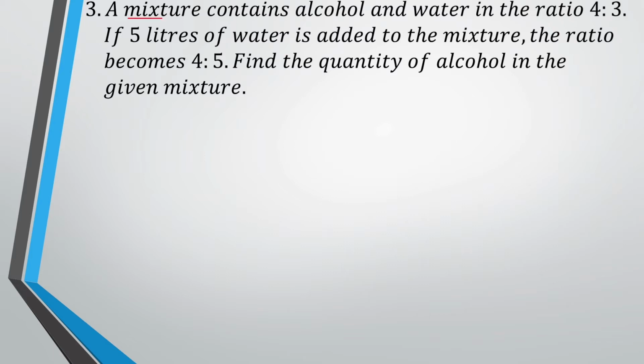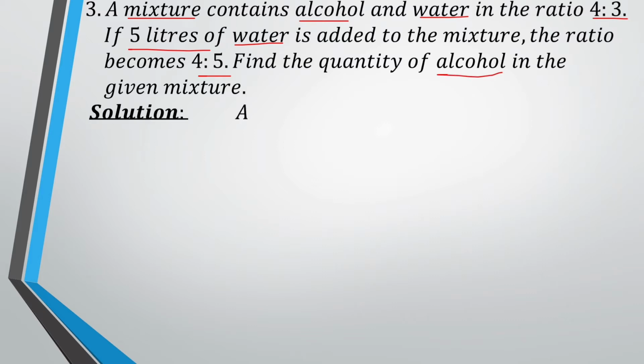We have a mixture containing alcohol and water in the ratio 4 is to 3, and then we have added 5 liters of water to it. Then the ratio will become 4 is to 5. In this new mixture, we have to find the quantity of alcohol. That's the question. It's very clear and simple.